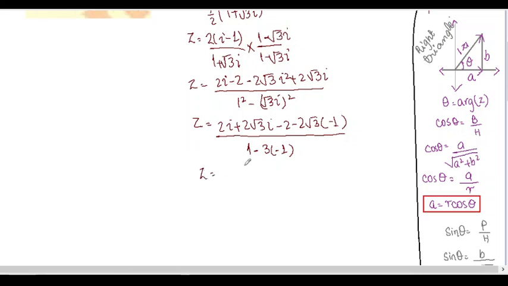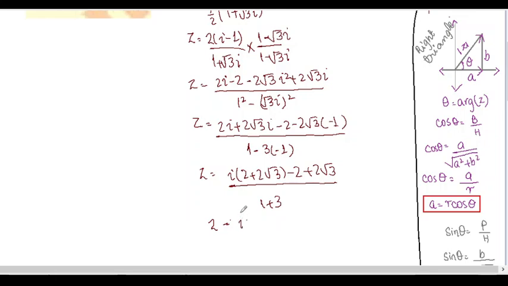So z equals iota into 2 plus 2 square root of 3 minus 2 plus 2 square root of 3. This minus and minus gives us plus, and 2 square root of 3 as it is. So now whole divided by 1 plus 3.